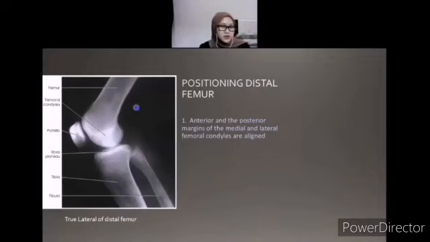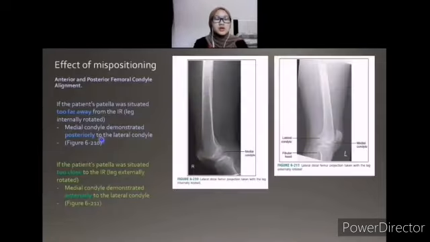So this is the positioning criteria for true lateral of distal femur. The anterior and posterior margins of the medial and lateral femoral condyles are aligned. We can see if there is a mispositioning by looking at the anterior and posterior femoral condyle alignment.